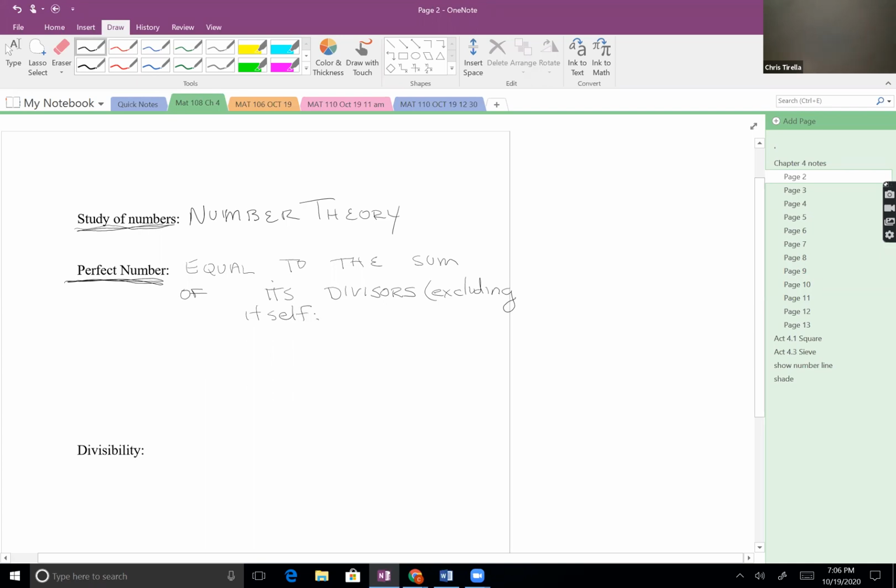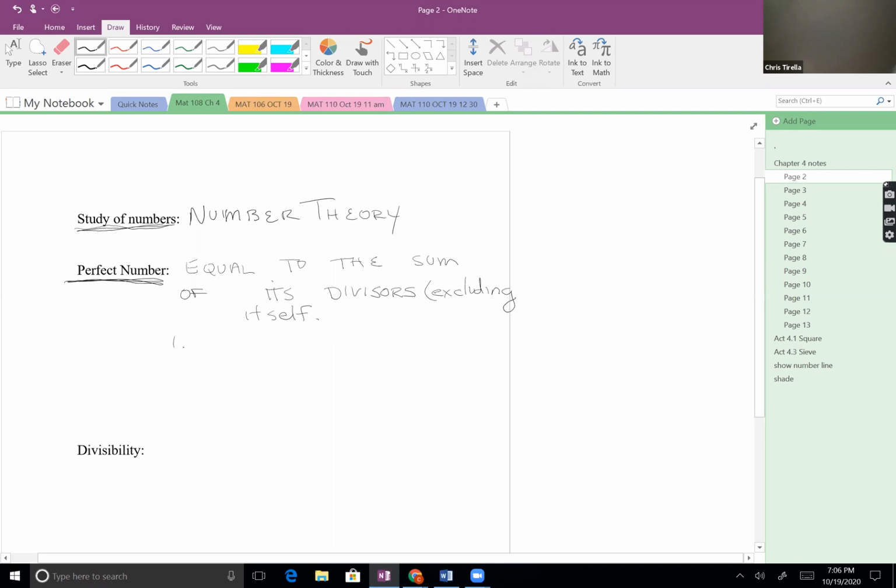And there aren't very many of them. Someone was attributed to quote, perfect numbers, like perfect men, are very hard to find.